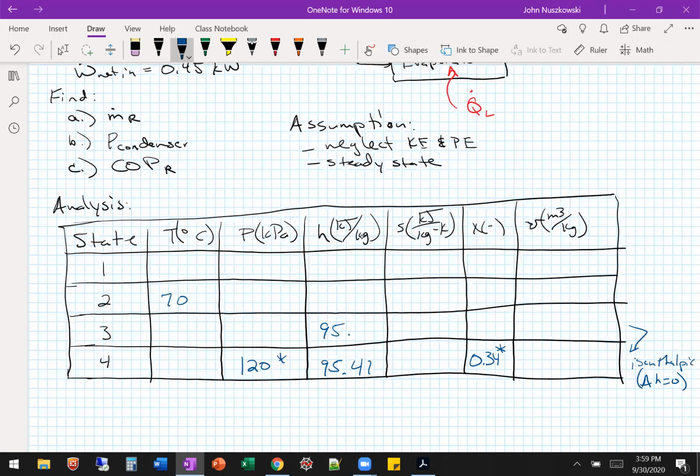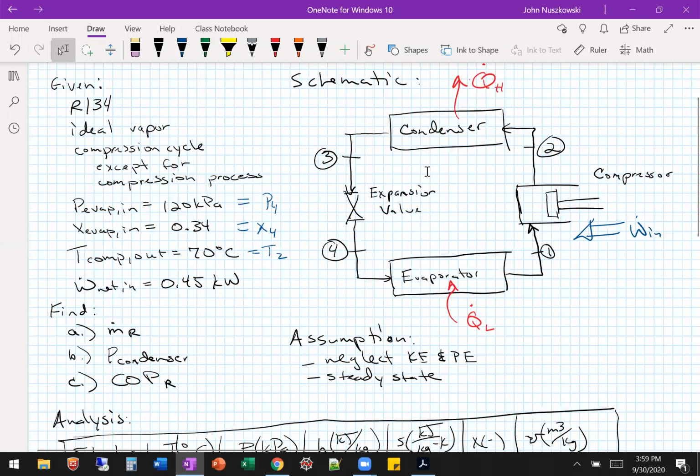That means we also get it over here at state 3. Anything else we know? Or what other step would we do to start us down the path of knowing more information?